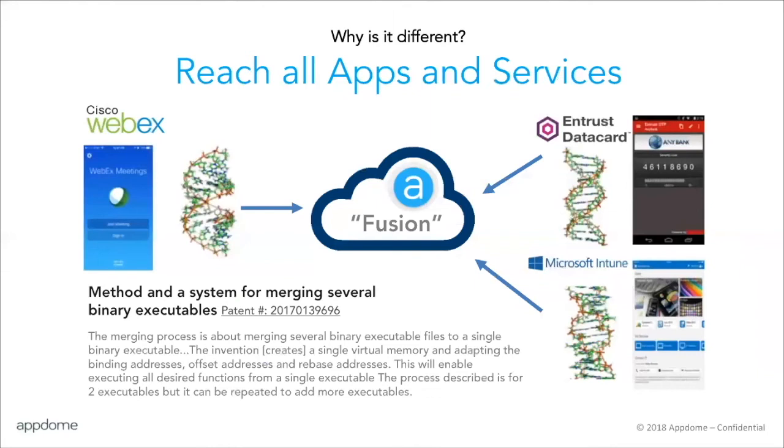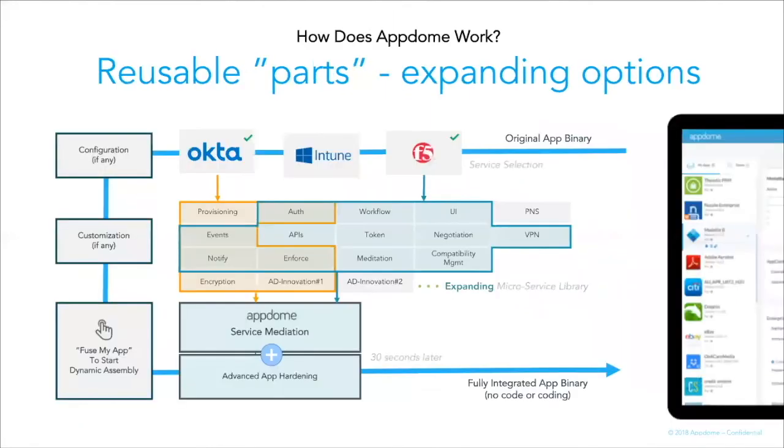And the way we do it is via a multi-service architecture that sits behind the web front end. So when you think about the Appdome platform from a UI perspective, the user uploads an app, selects a service, clicks the button, and it's done.